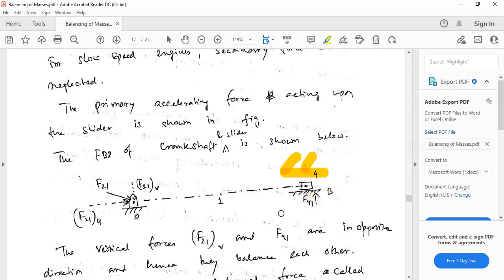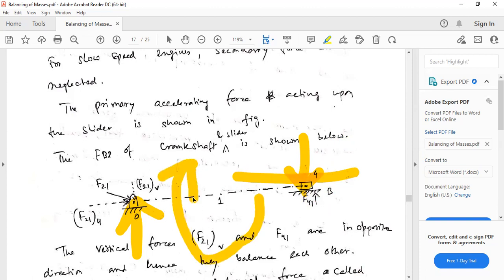So when this force F21 gets in the opposite direction, there will be an opposite force here because of it, and it will not allow the slider to move upwards. That is why there will be an opposite couple now. Previously this was the couple; after this rotates, there will be an opposite couple.